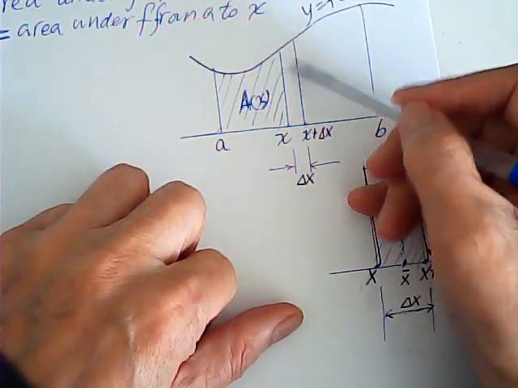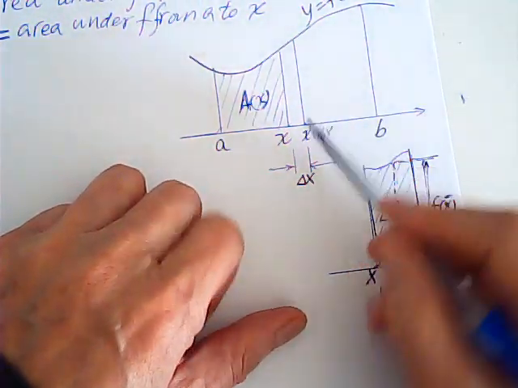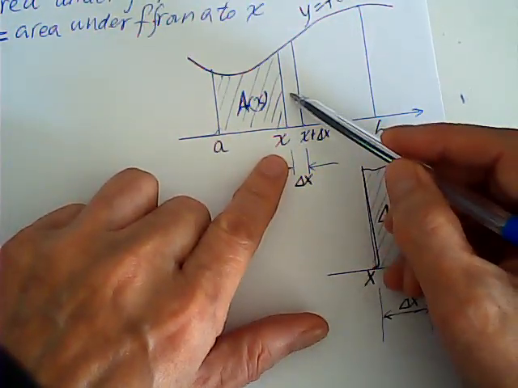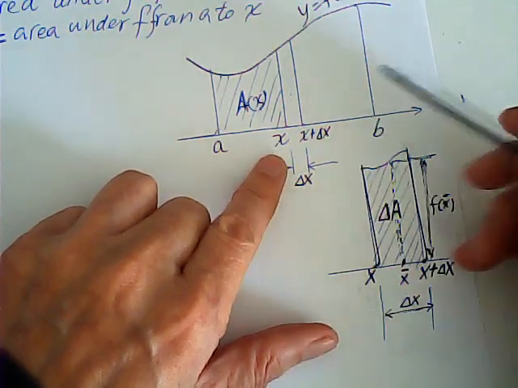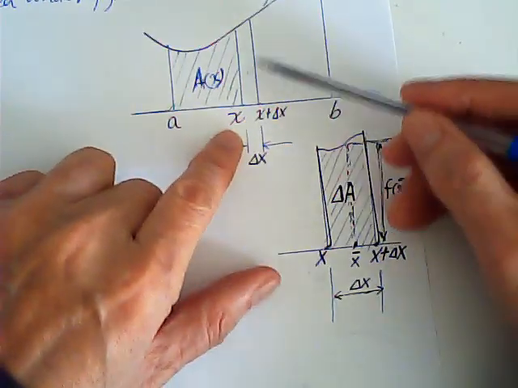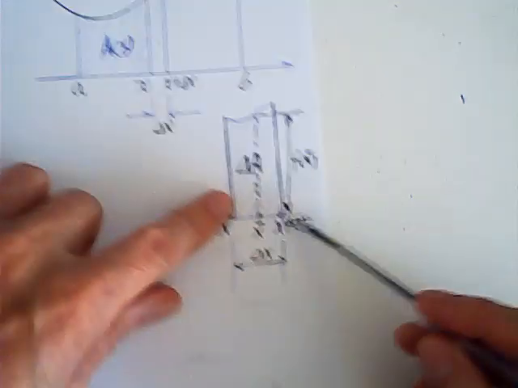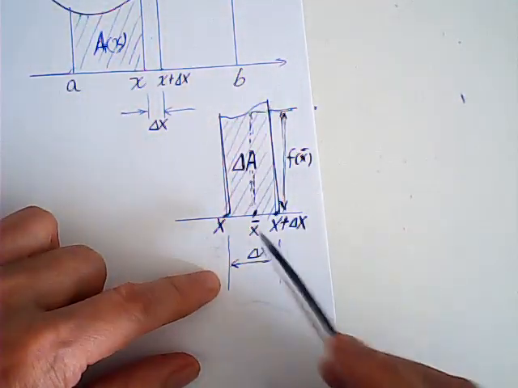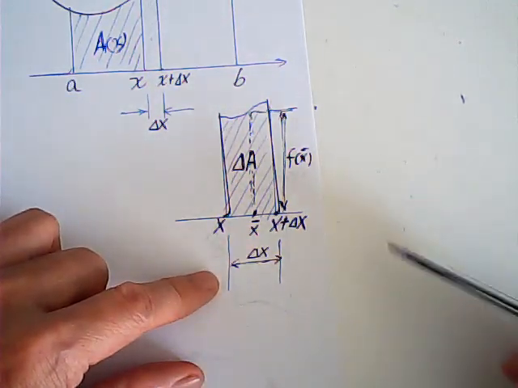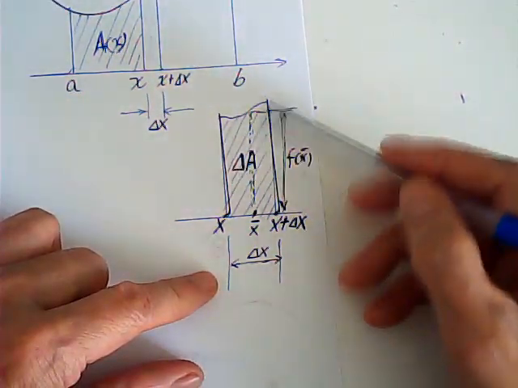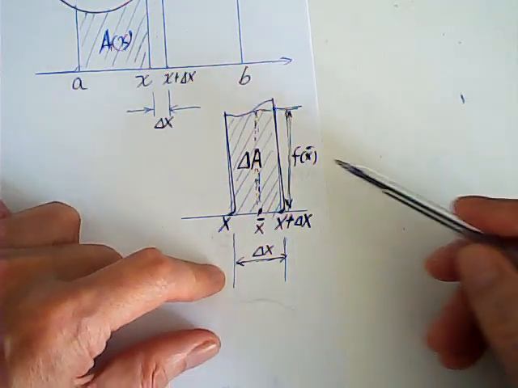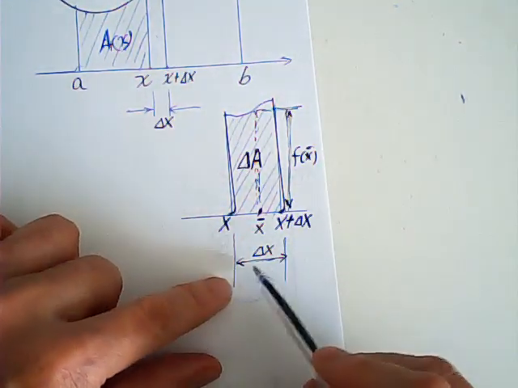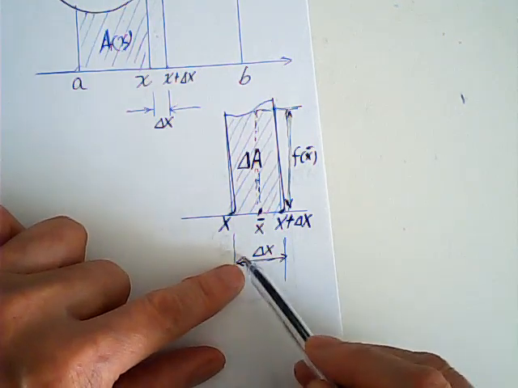This piece of increase, due to the increase of x, I call delta A. Now, we analyze this delta A by magnifying a million times the width. This is delta A. We want to find delta A. In this delta A, the width is delta x.